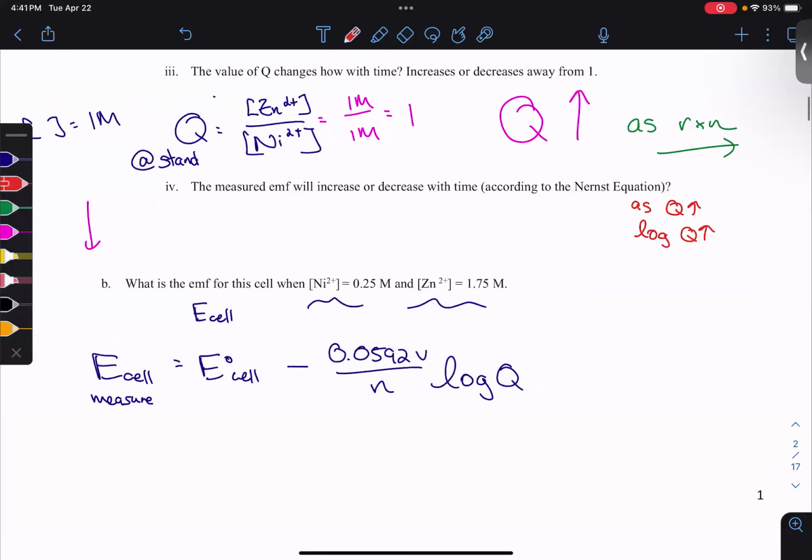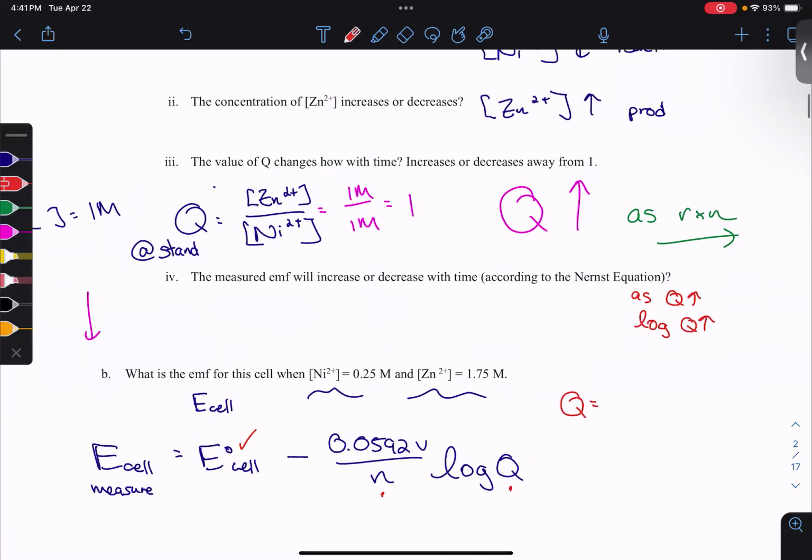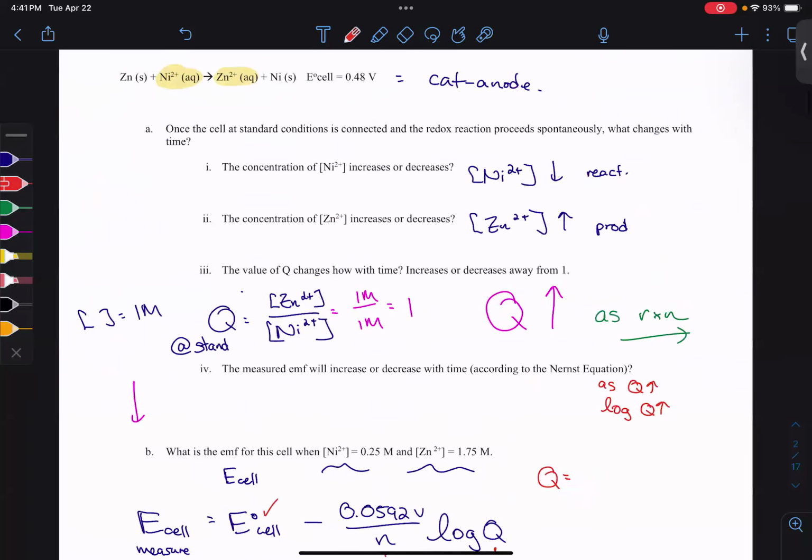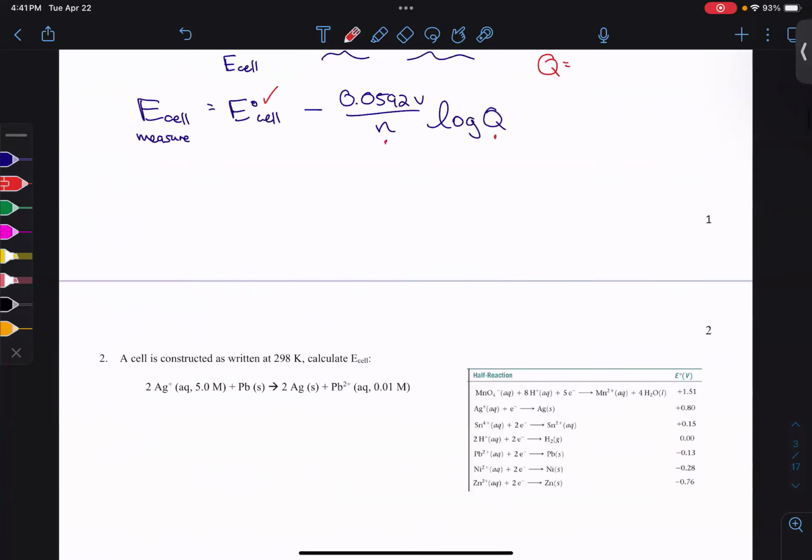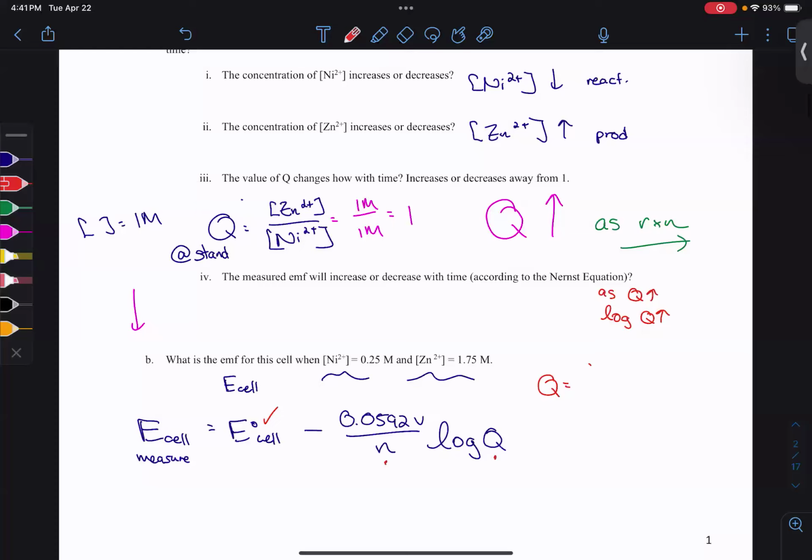Given this question, I give you E cell. We need to figure out n, and we need to figure out Q. So Q is going to come from the equation, products over reactants. So Q is equal to the zinc concentration over the nickel concentration.